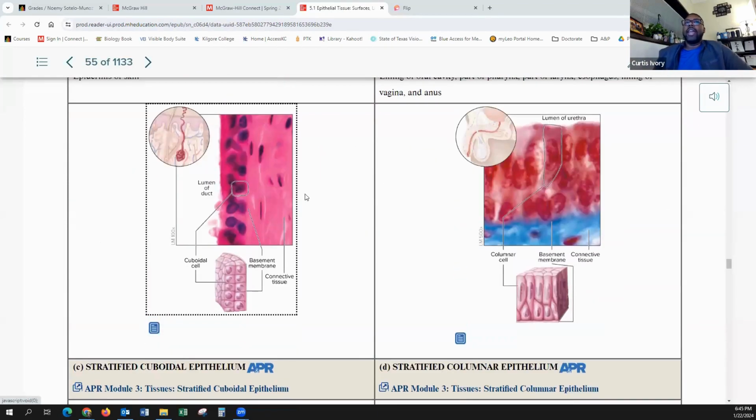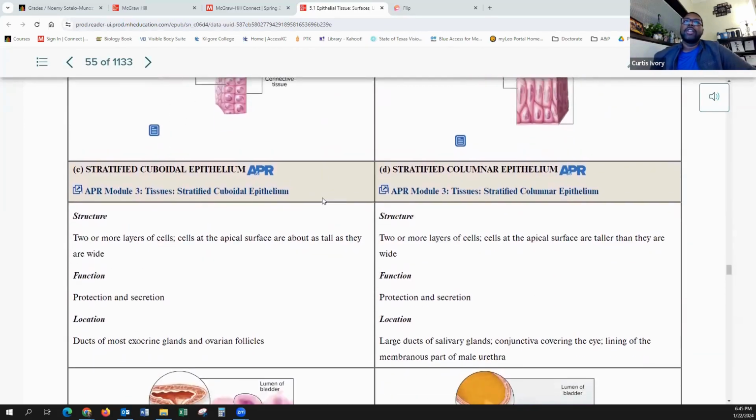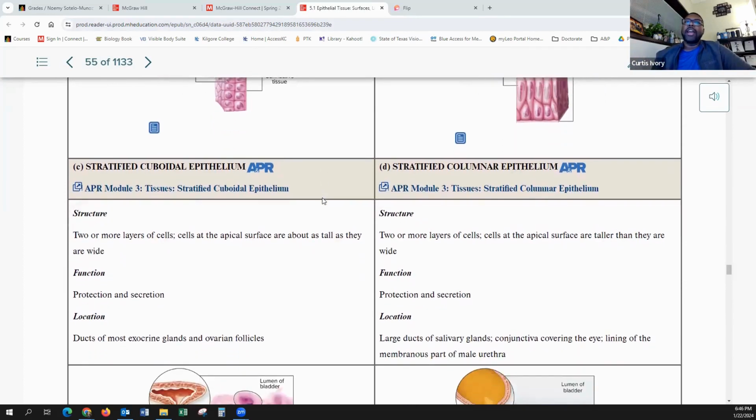Now, we have stratified cuboidal epithelium. Remember, stratified means layers, cuboidal means cube, and epithelial means referring to the skin. So the function is protection and secretion. Anytime you see cuboidal, that means secretion. Also, we're going to find this in the ducts of most exocrine glands and ovarian follicles.